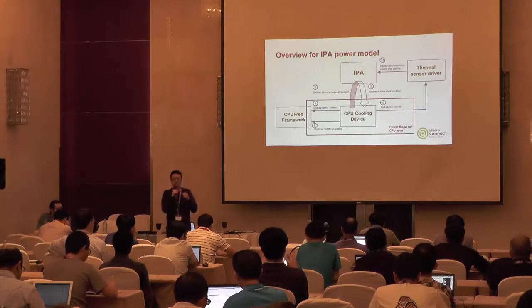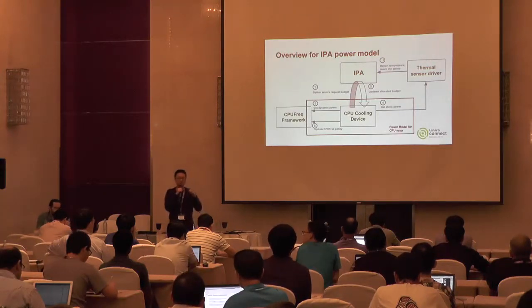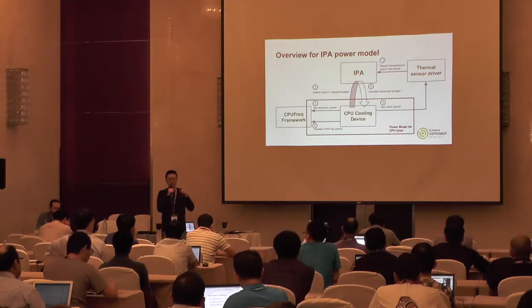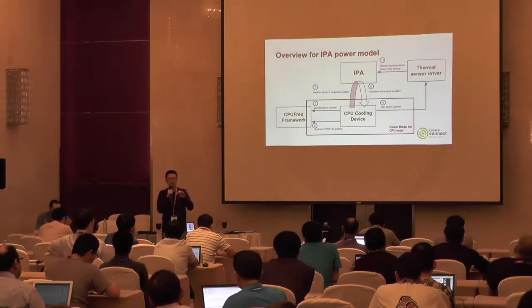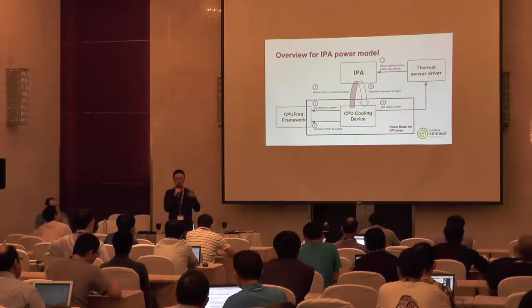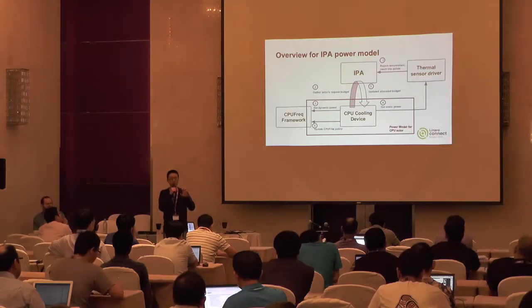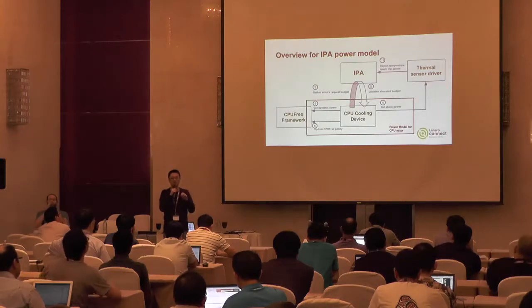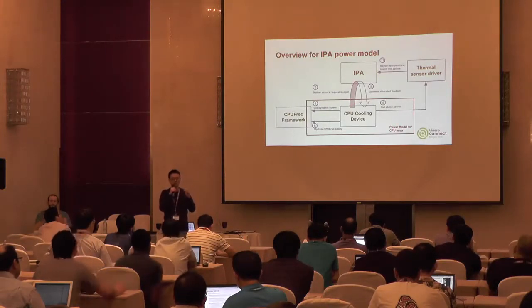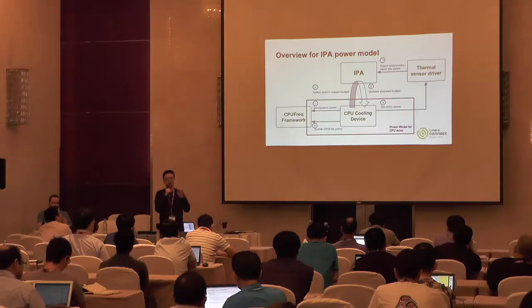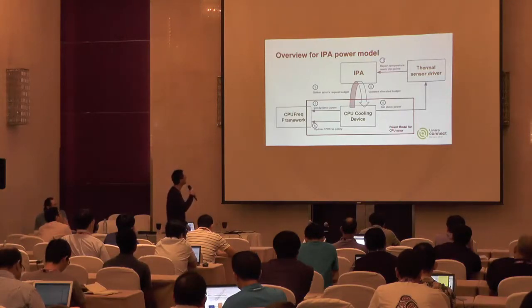For EAS, the power parameter is based on the scenario you measure. But for IPA power modeling, when you measure the power data, you should use some method to generate the coefficients and pass them to the kernel. So currently it is a different method.